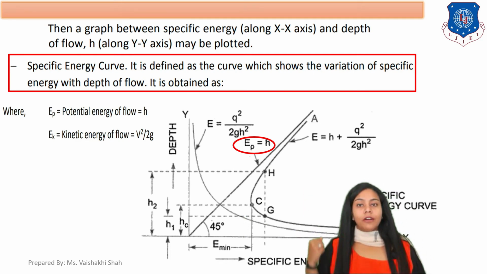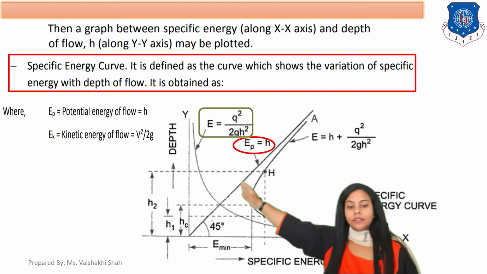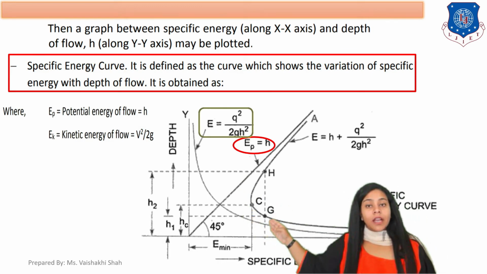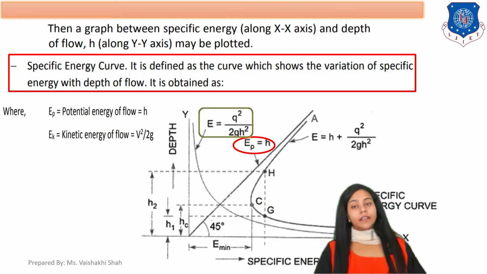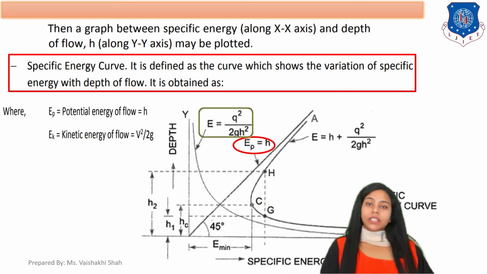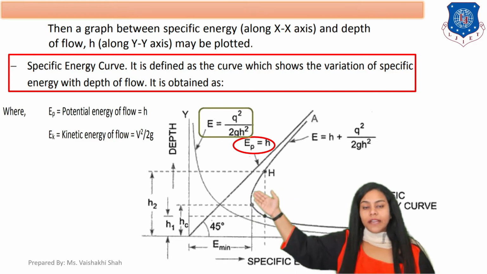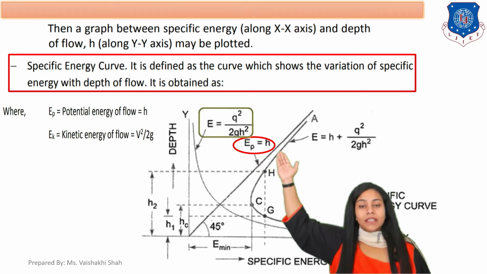Now we will draw another line which indicates kinetic energy. So you can see here this curve indicates kinetic energy of the flow. Clear? Now we know that total energy or specific energy is a summation of potential energy plus kinetic energy, that is EP plus EK.